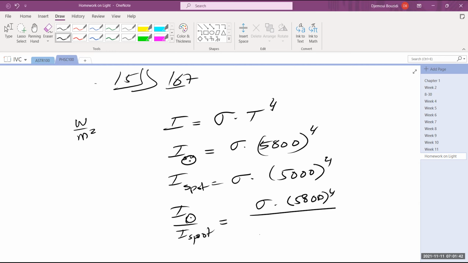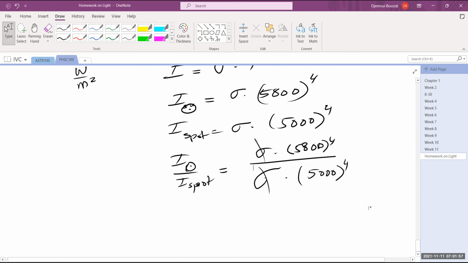Okay. But don't do the calculation. Don't even calculate that. Just calculate the ratio, because sigma will cancel out. Boltzmann Stefan constants will cancel out. So there is no need to look it up. Okay. There is no need to find it.